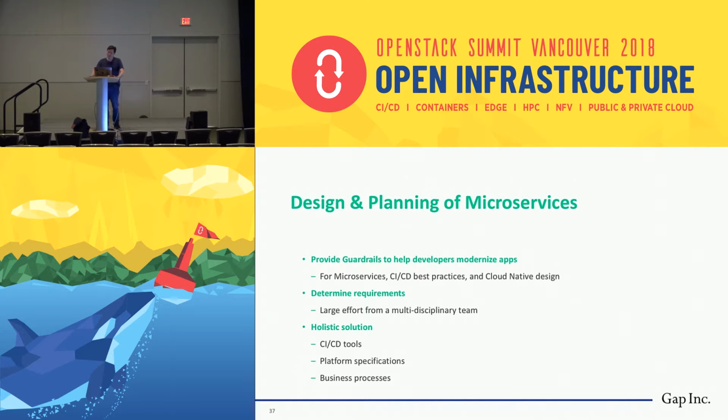So let's see if I can get through the notes here. Microservices, CI/CD best practices, cloud native design. These are things that we had to educate our developers on, right? 12-factor app design was a big thing. Using microservices for any single task, and then string those microservices together to create app functionality, right?